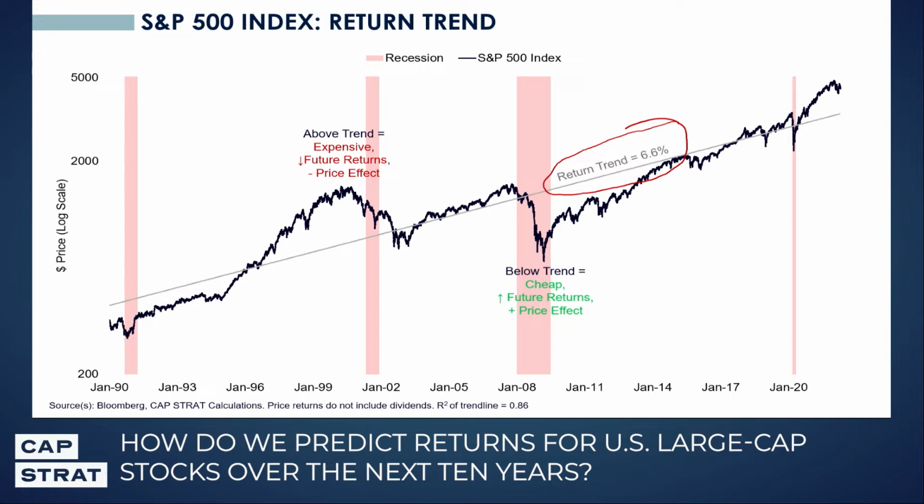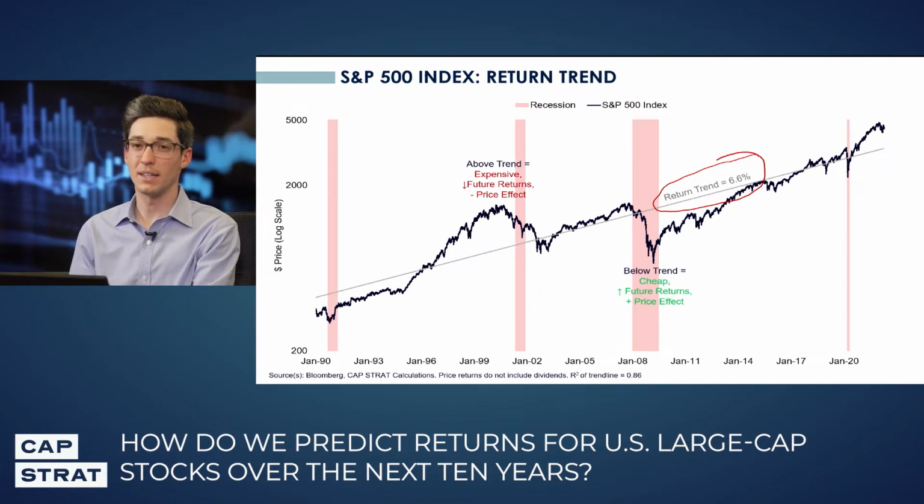This is before dividends. Okay. So you would say the trend of the S&P 500 since 1990 is 6.6% annualized. And now you can very easily see when we are above trend or below trend. And that can tell you when the S&P 500 is unattractively priced or attractively priced, respectively.